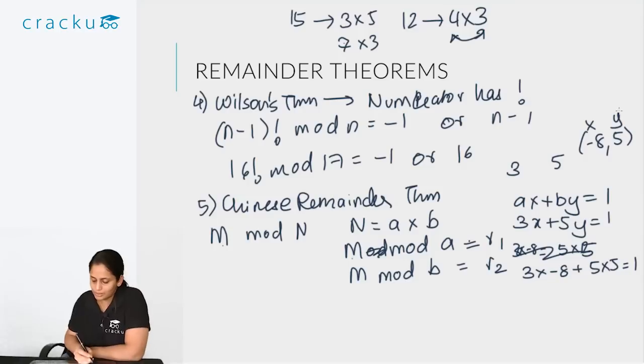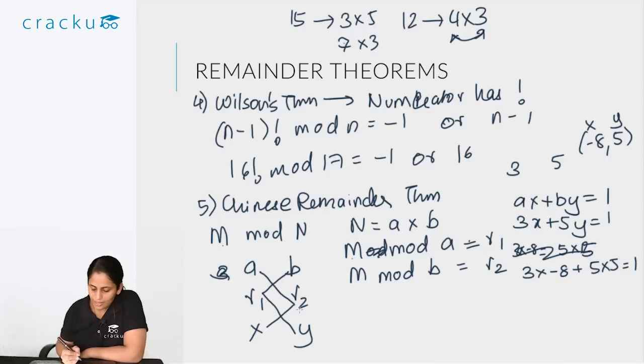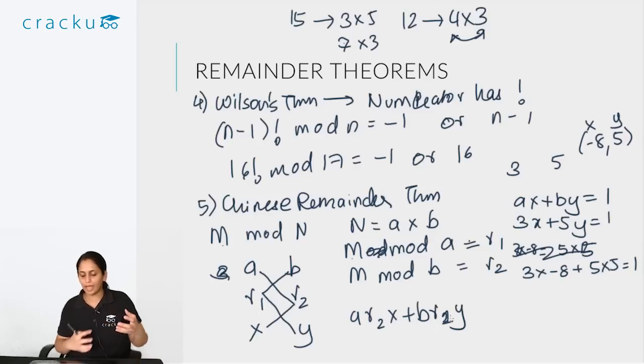Now what you should do is write a and b like this. I write a here, then I write b over here. Then you write r1, r2, then you write x and y. Then you do this: a into r2 into x plus b into r1 into y. This value gives you the remainder when m is divided by n.